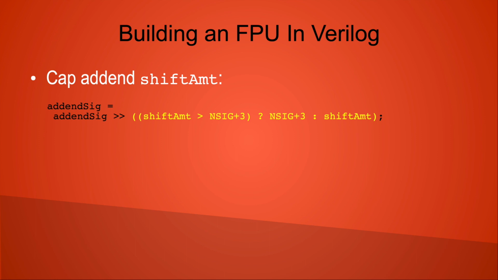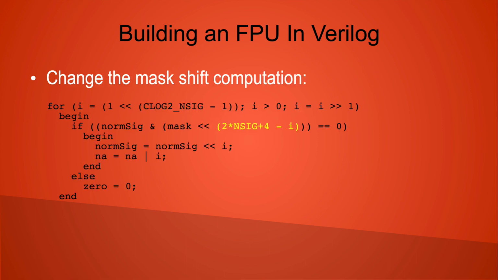This is the new code for shifting the addend. It's necessary to cap how far we shift addend sig to the right. If we didn't cap the shift amount, we would lose bits which are set to 1, and this would affect the computation of last kept bit is odd, deciding bit is 1, and remaining bits are non-zero.